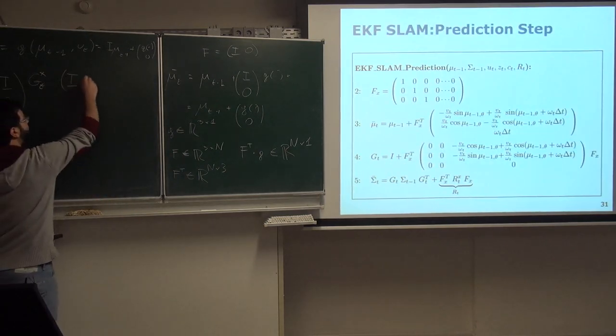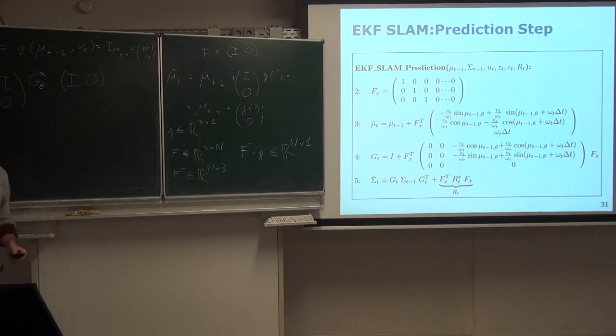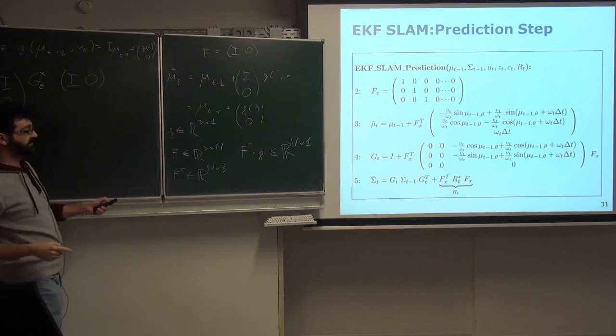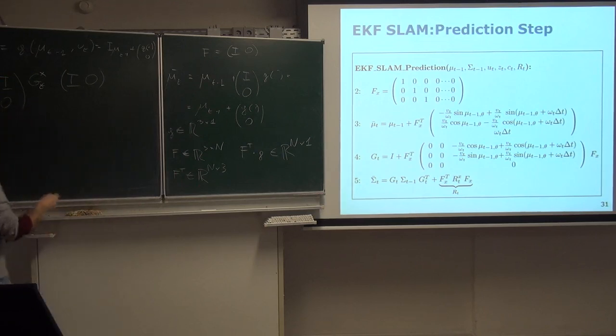If we just do this, and this is the usual 3 by 3, this is 3 by 3, this is n by 3, and so on. It's the same F that we have seen before. We just multiply them, so we have identity times 0 multiplied by GTX 0.